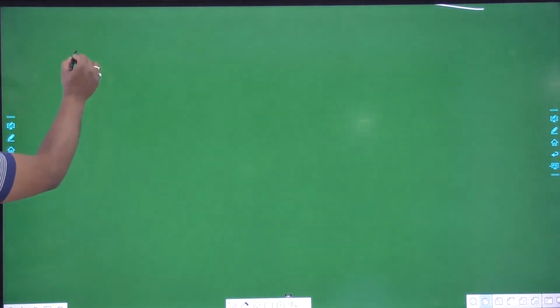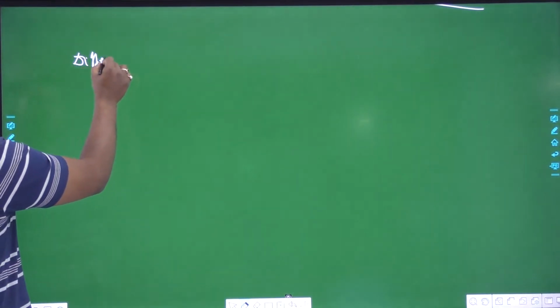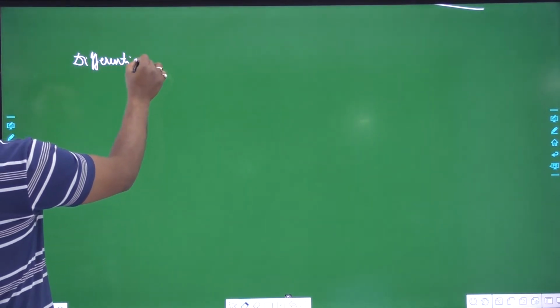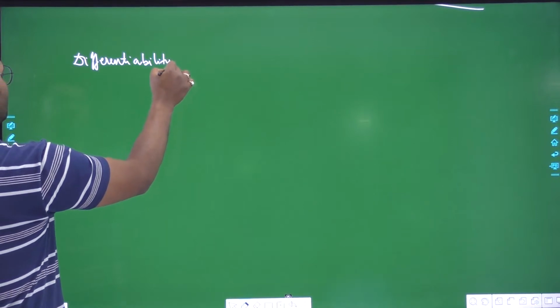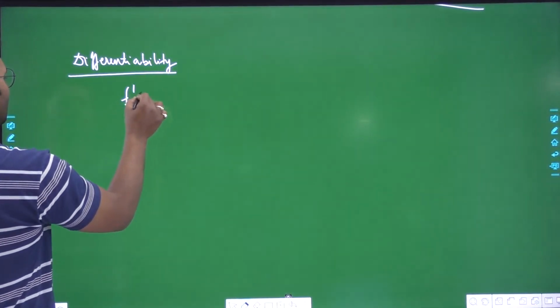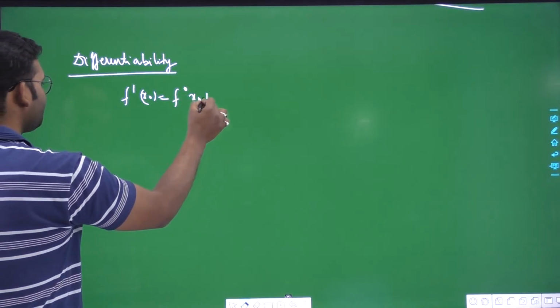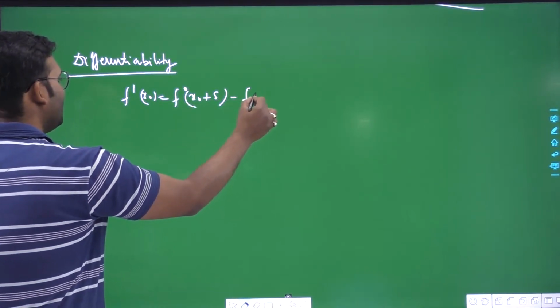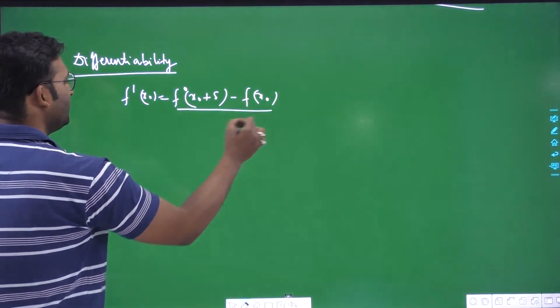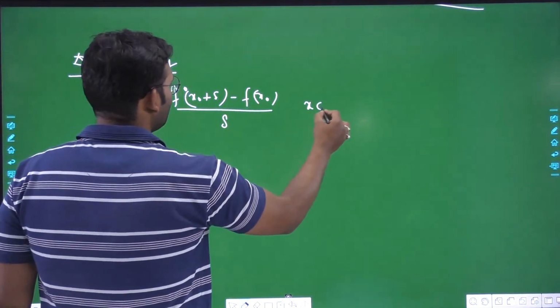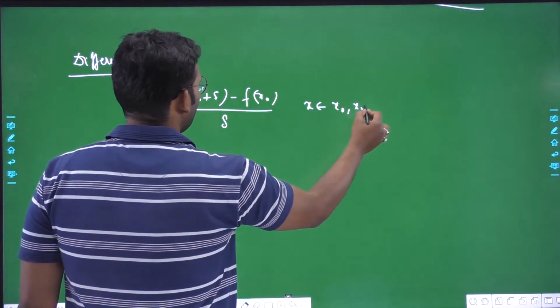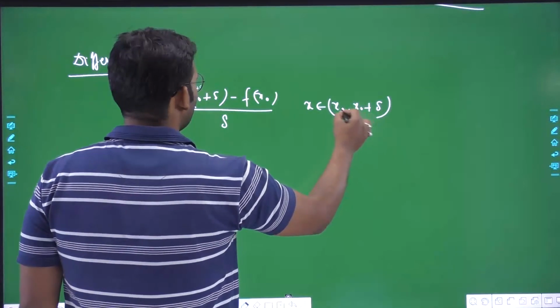Now by the definition of differentiability itself, what do you get? You get f dash x naught is equal to f of x naught plus del minus f of x naught divided by del, where x belongs to x naught comma x naught plus del.